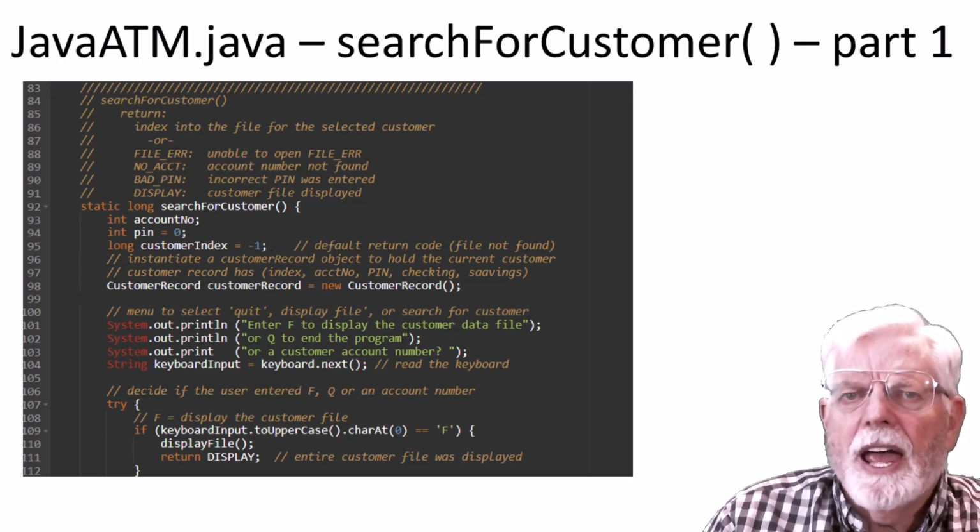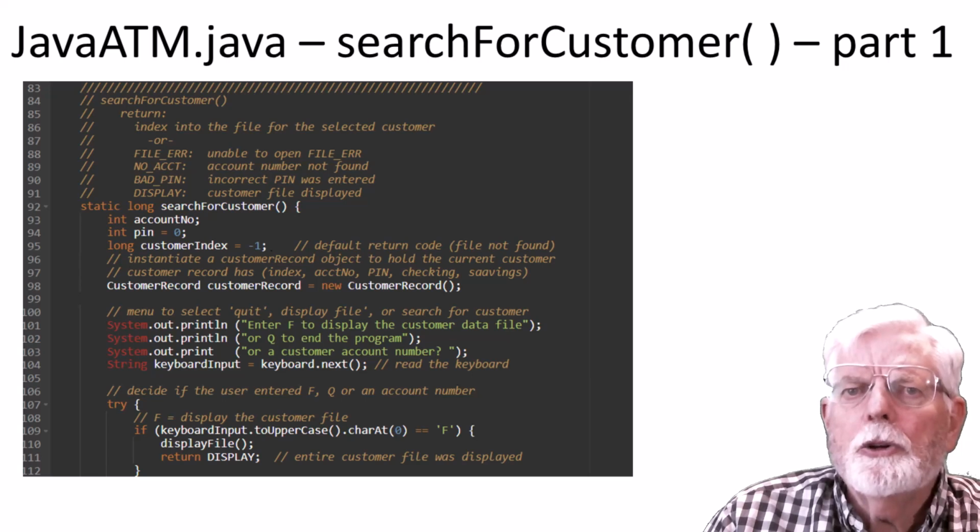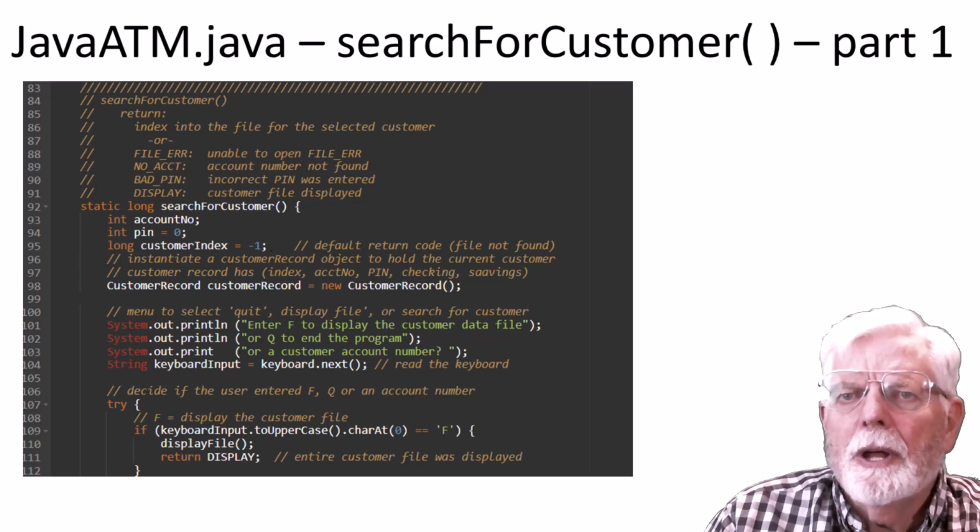A prompt message asks the user to enter F or Q or an account number. The keyboardInput.toUpperCase().charAt(0) reads the keyboard and returns the first character converted to an uppercase letter.